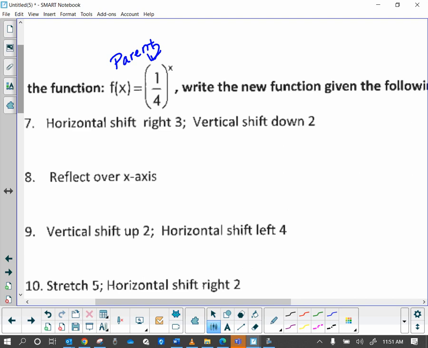Okay, so a horizontal shift right 3 and a vertical shift down 2. So we've got f of x equals the 1/4 to the x, that's your parent. And then right 3, we're going to put minus 3 with the exponent. And what are we going to do for down 2? Minus 2.